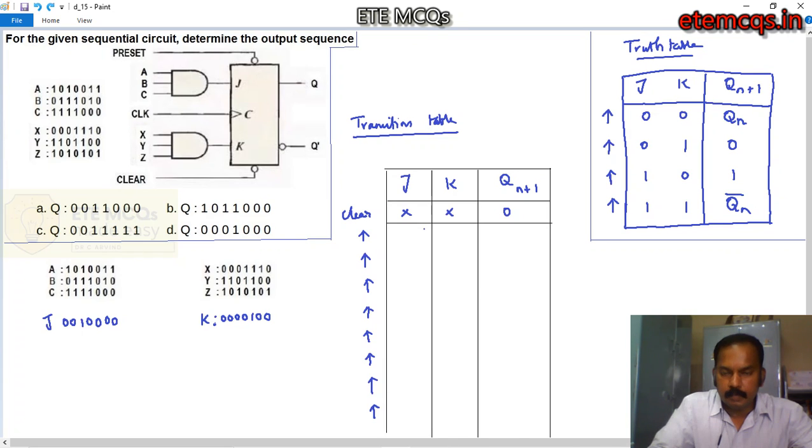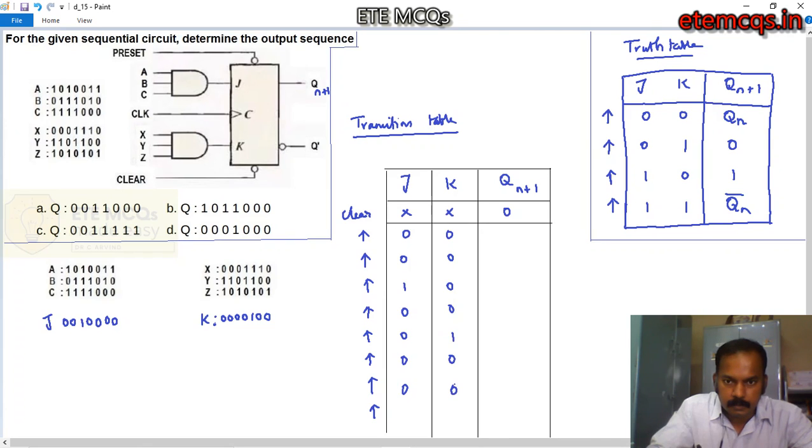Let us assume the output to be 0, that is, the clock signal is enabled to reset the output of the flip-flop. Now this Qn plus 1 is nothing but this particular output, which is represented as Q. Now let me write the sequence we have for J.